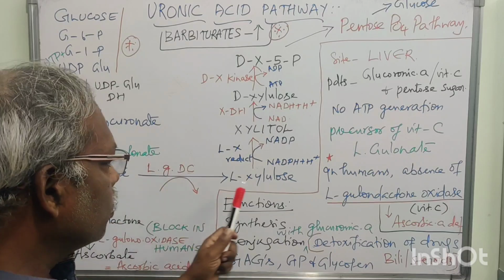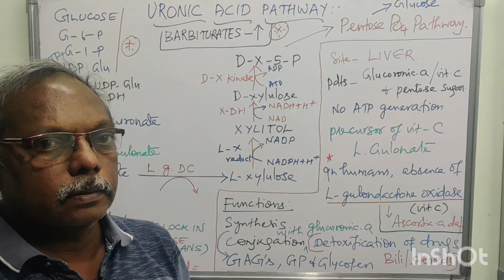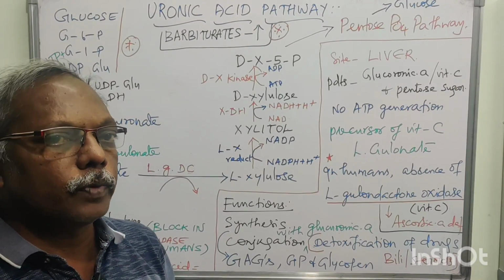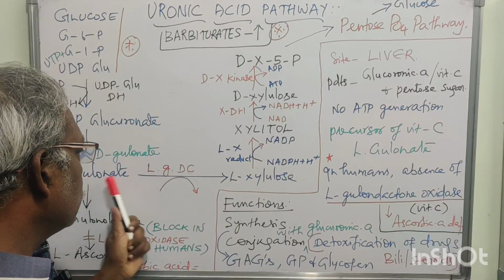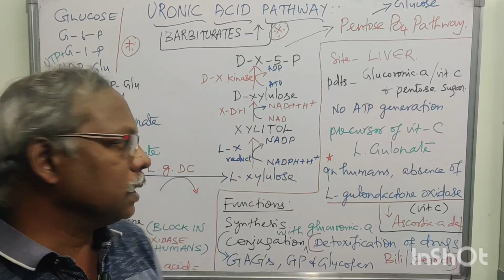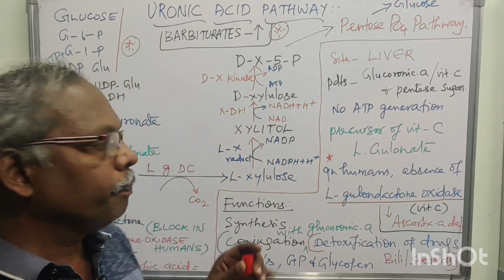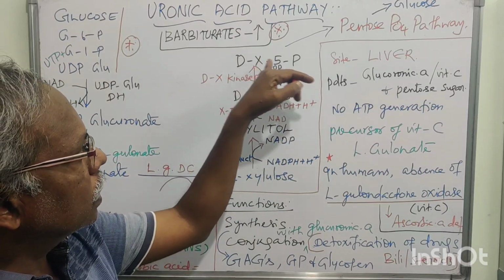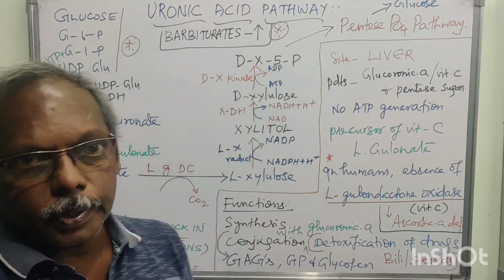After this, L-Gulonate is converted into L-xylulose. I think you know the meaning of L and D, the L form and D form, dextro and levo forms of biochemistry. L-Gulonate is converted into L-xylulose with the help of L-Gulonate decarboxylase. This L-xylulose is again converted into xylitol, then D-xylulose 5-phosphate.